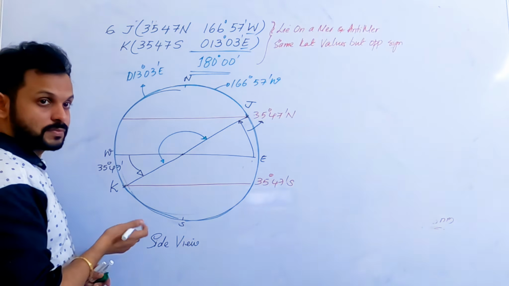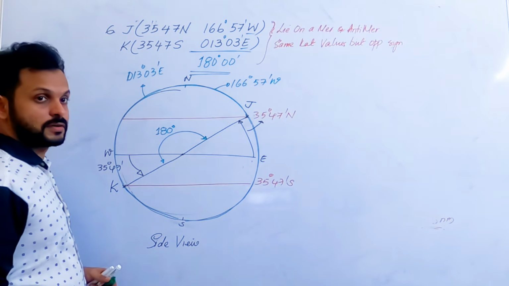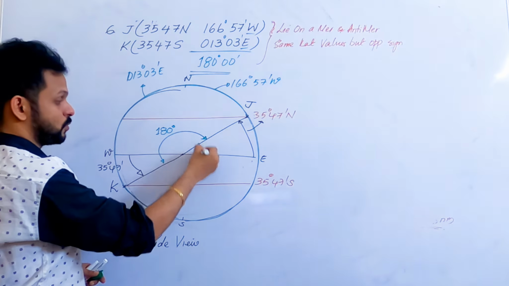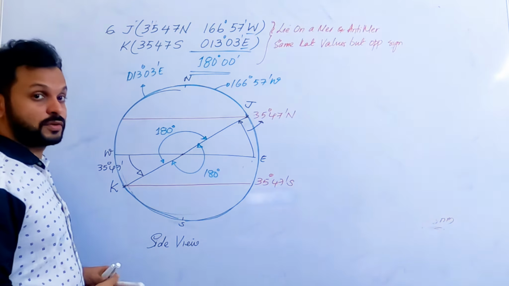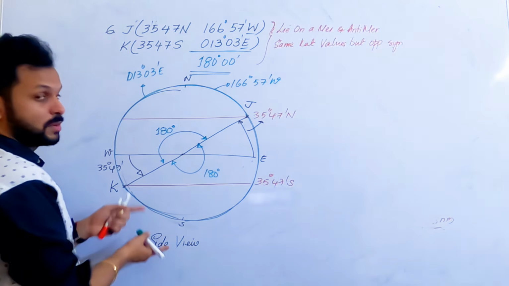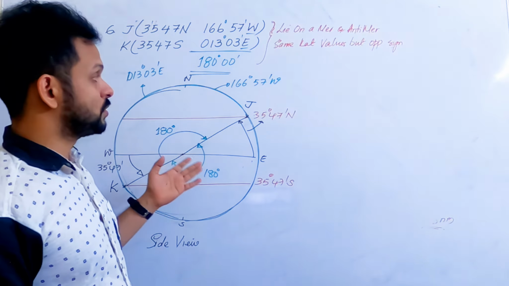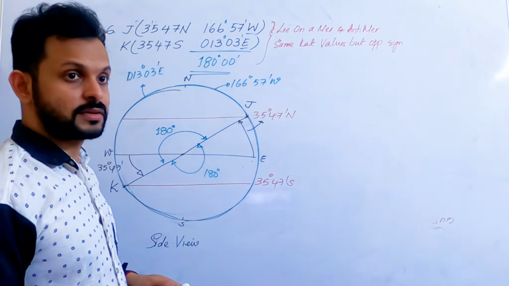Therefore the angular change is going to be 180 degrees. Since the total angle is 360, the other angle is also going to be 180 degrees. Therefore, the angular distances are the same, and it doesn't matter whether you travel through the North Pole or South Pole, the shorter distance is going to be the same.